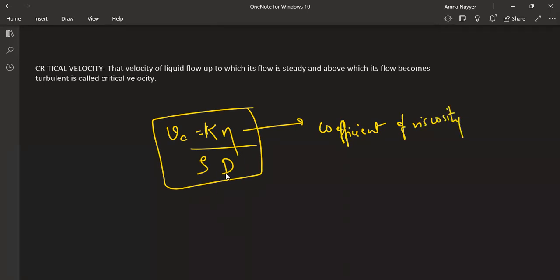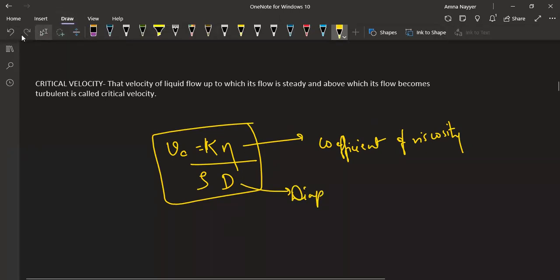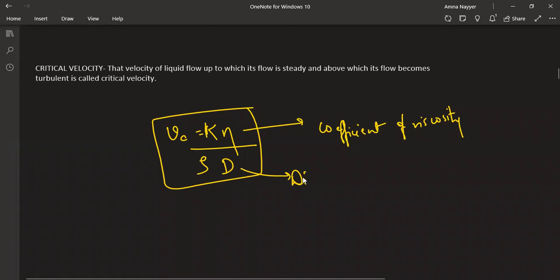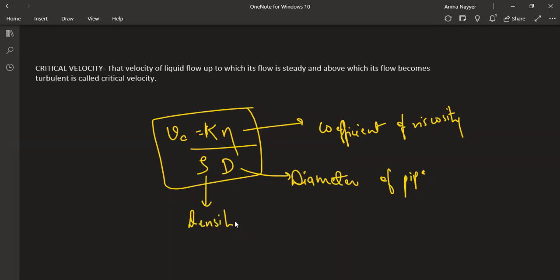Capital D is the diameter of the pipe. Here rho is the density of the liquid. If you wish, you can write it as sigma also, the way we write.